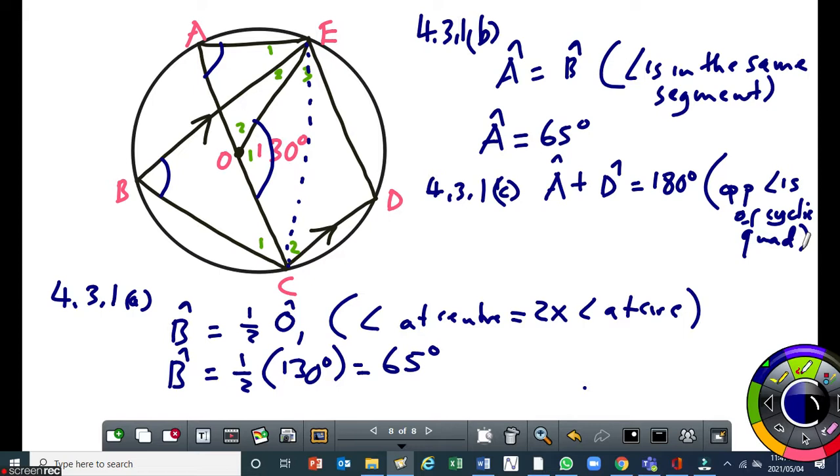Yes. It will also be correct because vertices B, C, D, and E form a cyclic quadrilateral. So our angle D is going to be equal to 180 minus 65 degrees, and that will give you 115 degrees. Okay, so that will be your answer.